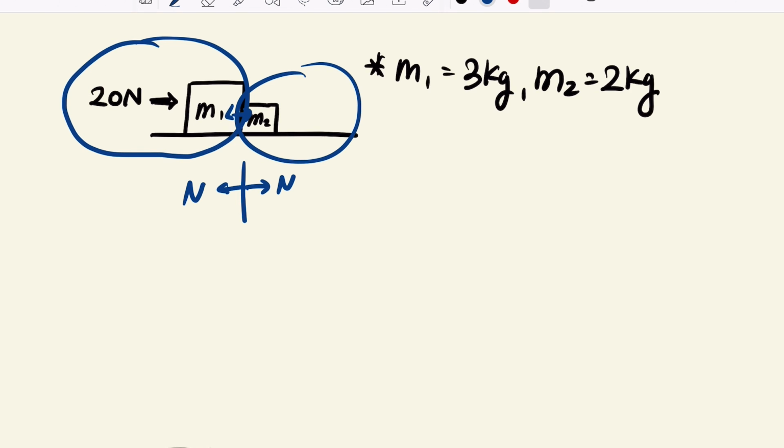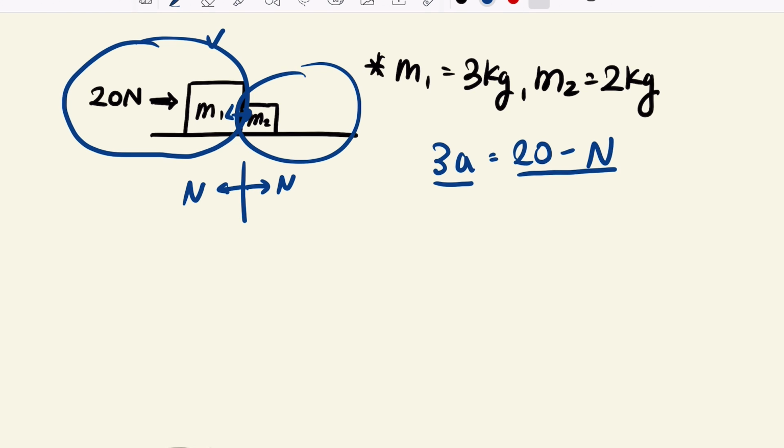So for the first box, the M1, we'll say that 3a equals 20 minus n. This is the case because F net equals ma again. So this would be the F net, and that would be the ma, because we're assuming that m1 is 3, and then times acceleration.